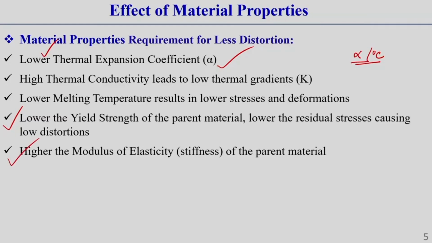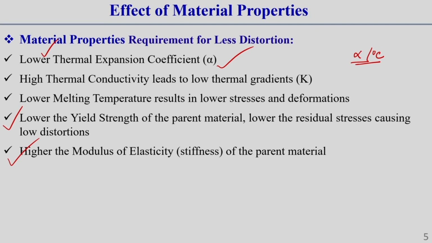Then another property is called modulus of elasticity, or you can say Young modulus. It also has a significant effect on weld induced distortion. It is observed that it generally stiffens the plate. It acts as a stiffness type of characteristic, which means it provides some stiffness in the structure.